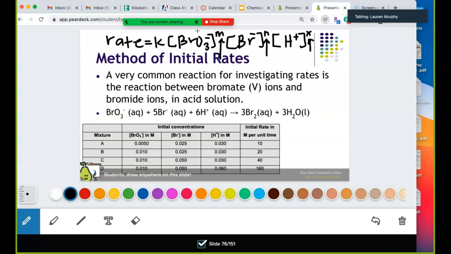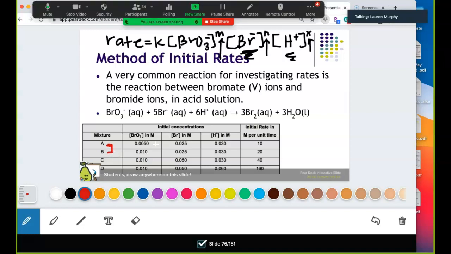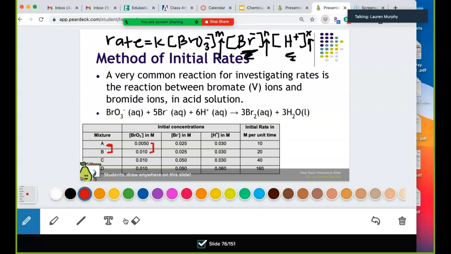If you want to find out what the order is, this exponent, with respect to bromate, the easiest way to do this is to make sure that the other two reactants aren't changing. Okay? So here's the first example I'll do for you. I'm going to compare experiment A to experiment B. They're two separate experiments because I see that bromate changes concentration.